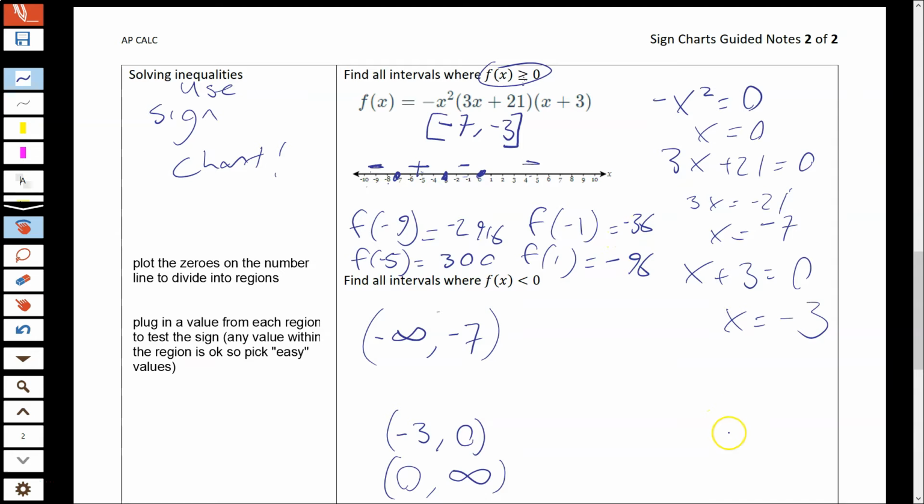But what going from negative to negative actually means is that at x equals 0, the graph just comes up and bounces off the x-axis. So it touches the x-axis but doesn't actually cross it. And that, remember, was the x squared factor. So watch out for that when you have squares in your factors, because the graph can then just bounce off the x-axis and not cross.